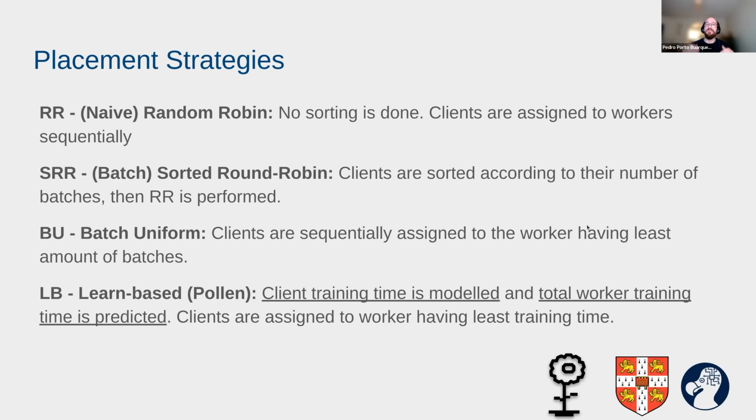And finally, you have our proposed model, which is Pollen. Pollen is based on estimating how much time that specific client would take in each one of these GPUs, of these workers, and then assigning it to the worker where the accumulated training time would be the least. So you keep filling this kind of histogram of training times.